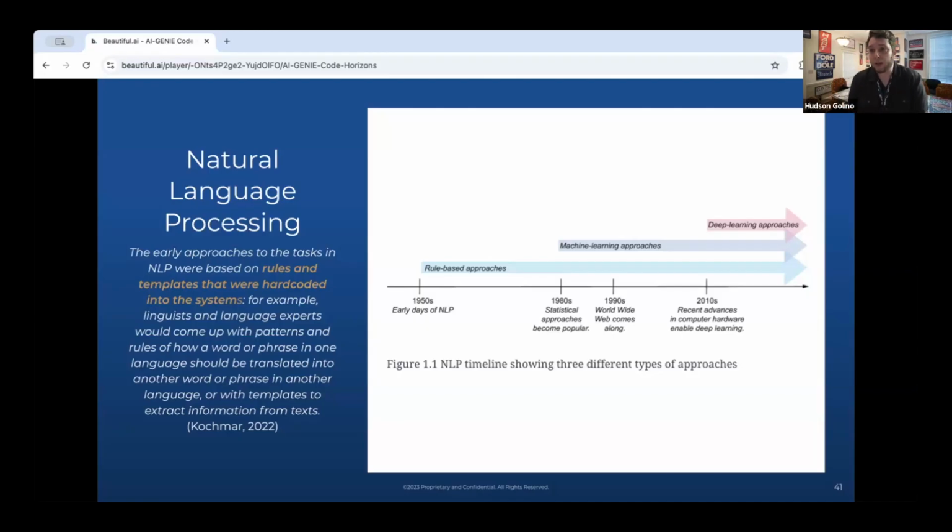So computer science inspired this field, and the researchers believed in the 50s that all you needed to do very high-level natural language processing tasks in a computer was to understand the rules of language and program these rules in the computer.